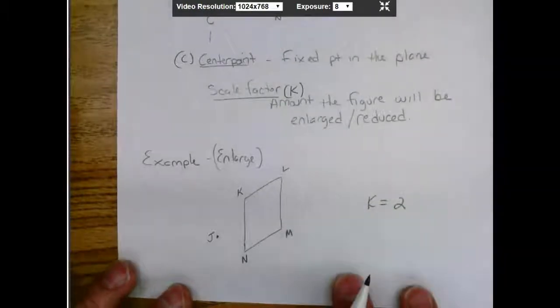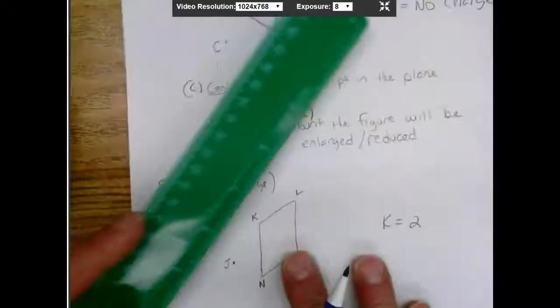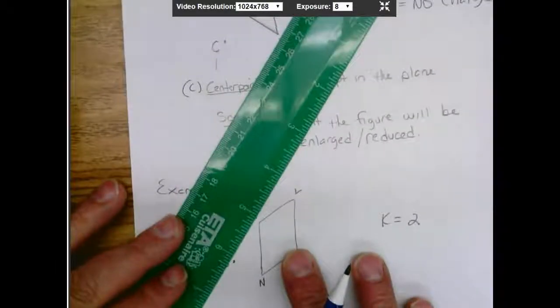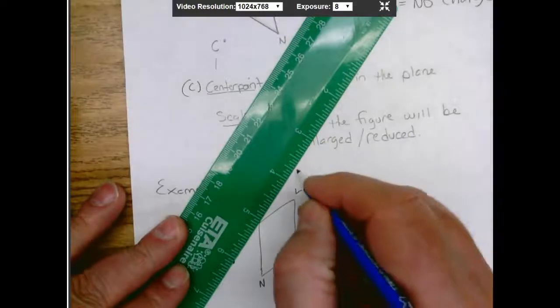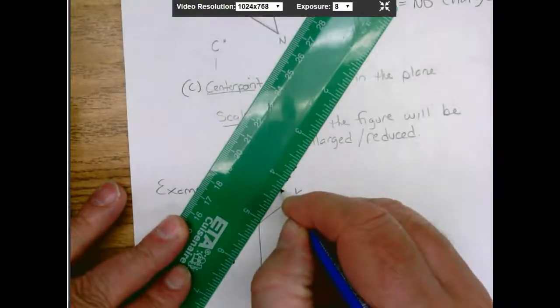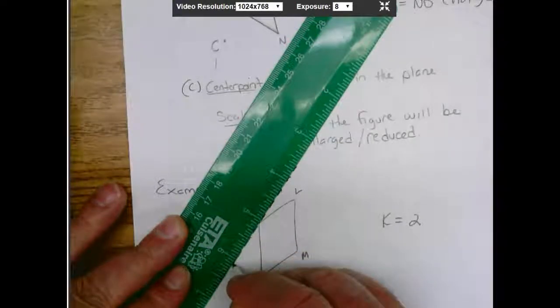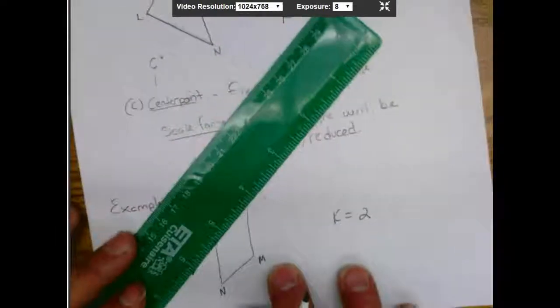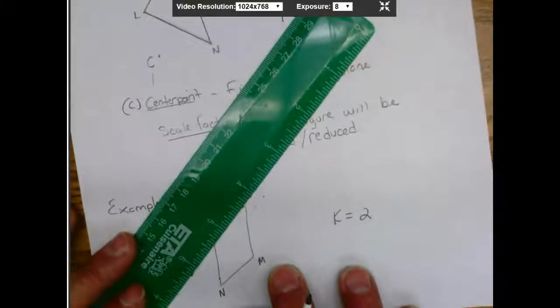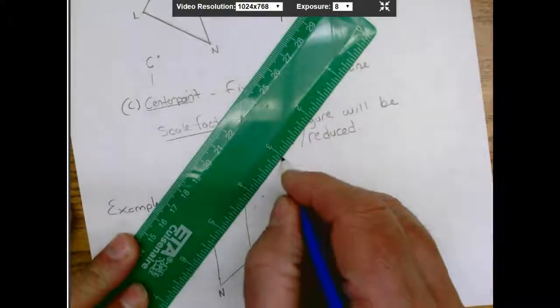Okay. So what we do is we go from each point, so J to K, and we're just going to draw a line, a jagged line that kind of tells us where it's going. Okay, there's J to K. Then we're going to do J to L, and do the jagged line.